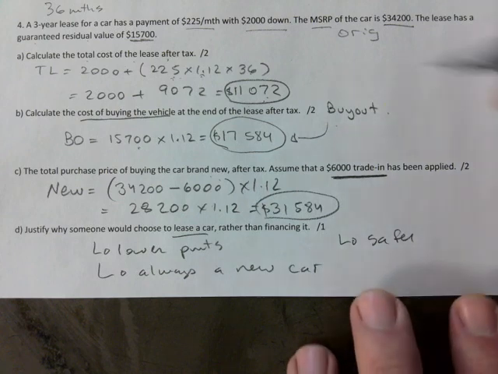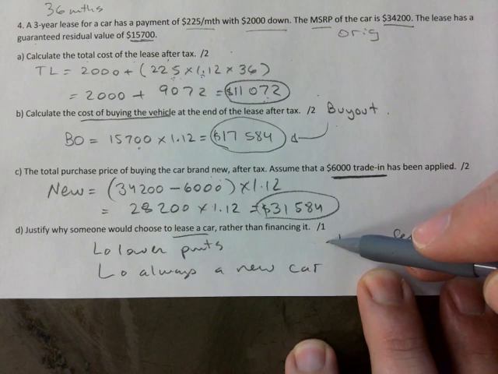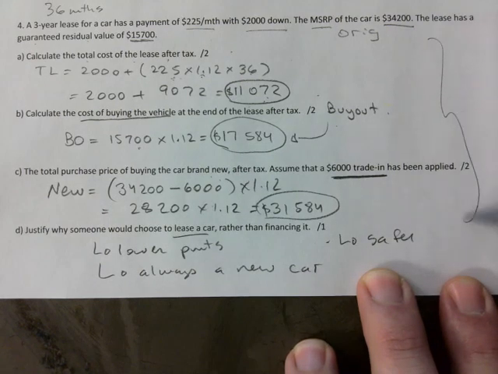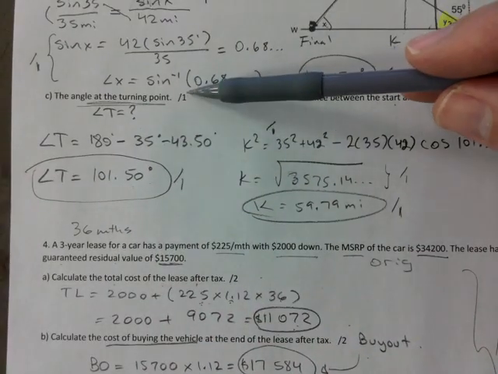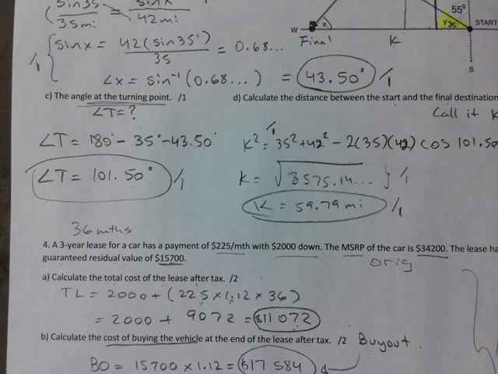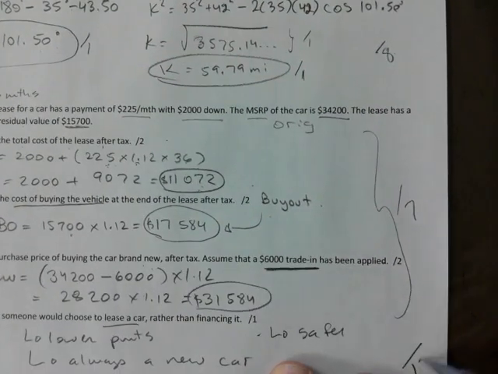So let's see here. 2, 4, 6, 7 for this one. So just this car part is 7. 3 and 1, that's 4, 7, 8. 8 for the top part for question 3. So 8 and 7. 8 and 7 on the back side is 15 already. So just the back side is 15.